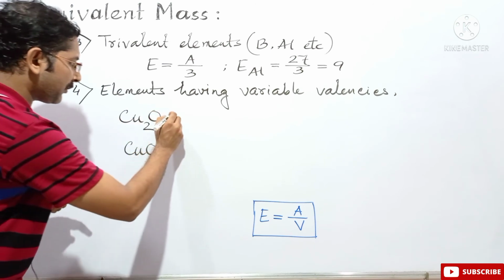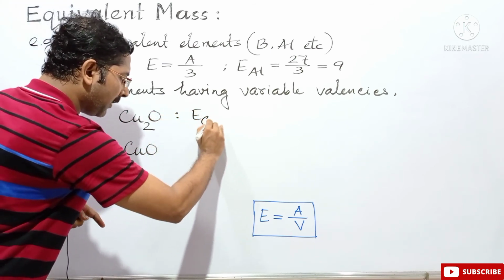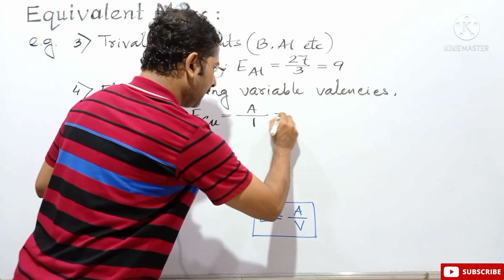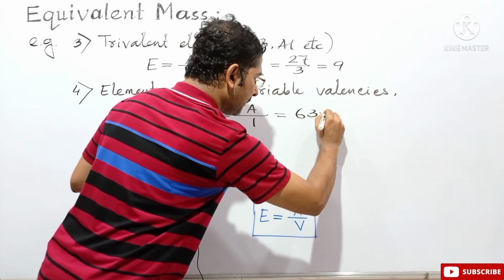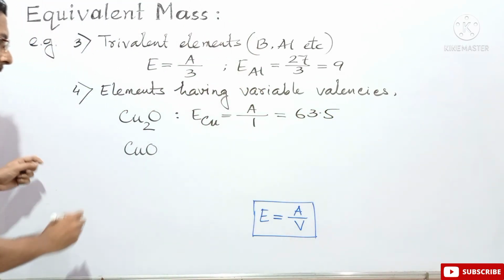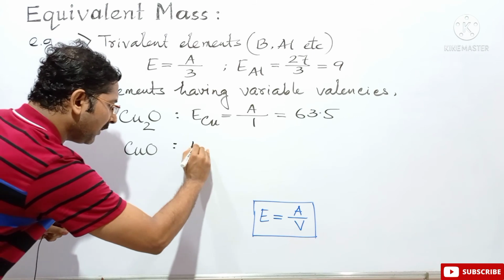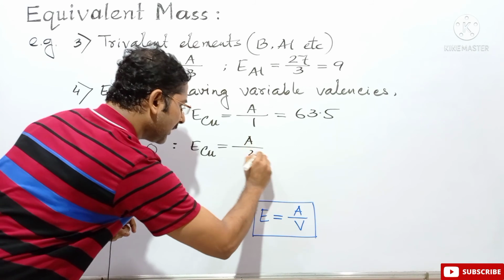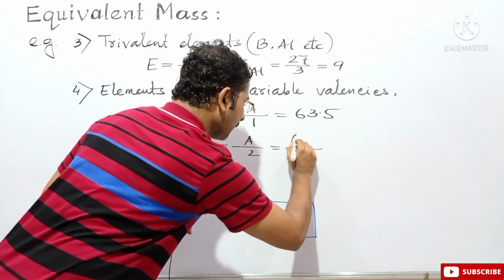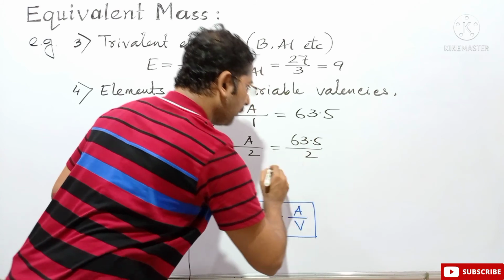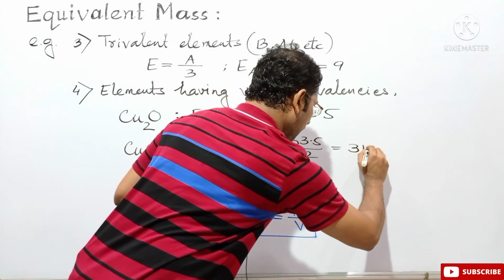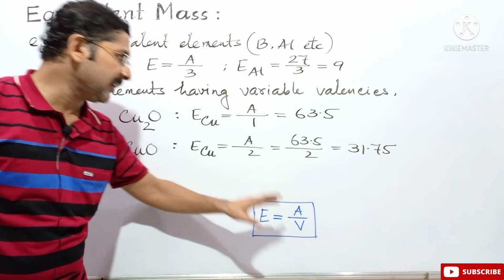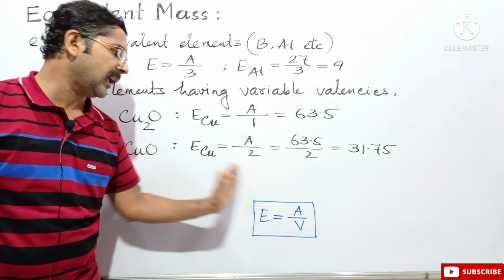So in cuprous oxide, the equivalent mass of copper is equal to atomic mass by 1. So this is nothing but 63.5, isn't it? But in case of cupric oxide, the equivalent mass of copper is atomic mass divided by 2. So this is 63.5 divided by 2, this is 31.75. So if the valency of the element is changed, the equivalent mass of the element will also be changed.